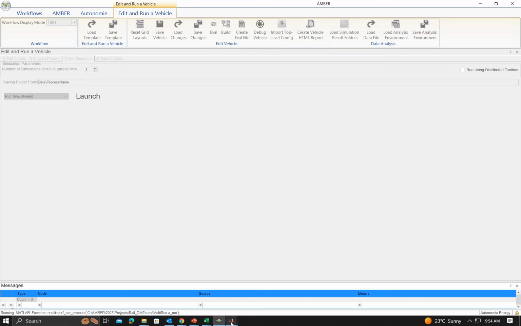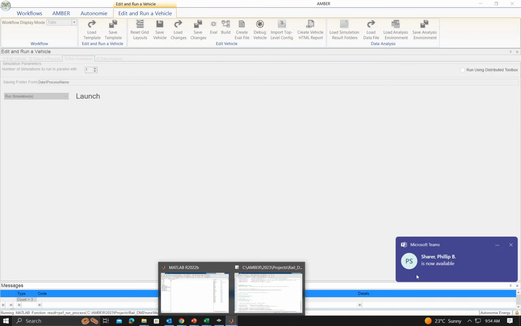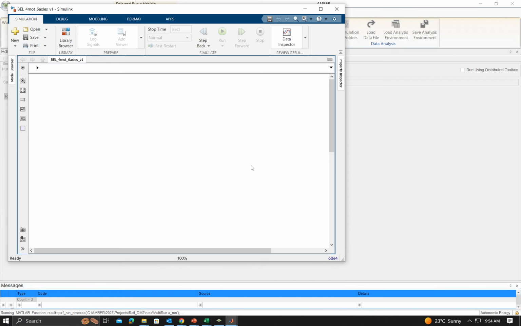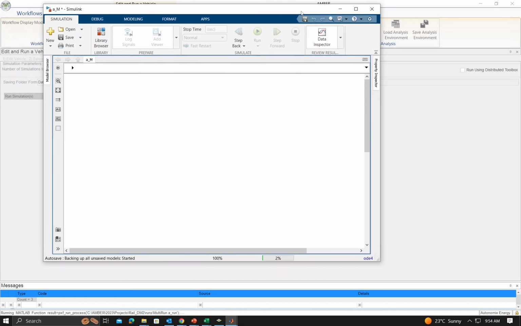I hope it will be finished soon. Okay, we have the vehicle model here.